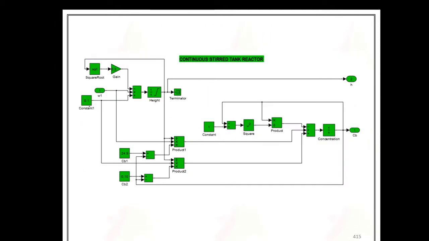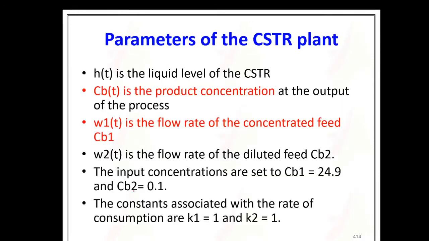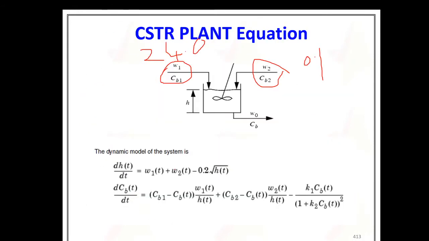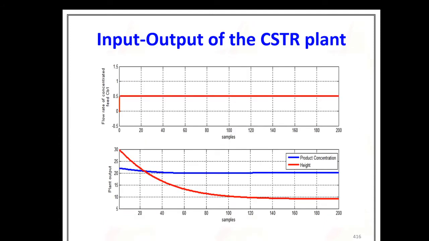CB2 is 0.2 I am giving, CB1 is 24.1, and these are all the constants I am giving. I am making this dynamic model into a Simulink model by using square, product, integral and so many blocks, and this is the response for this one.